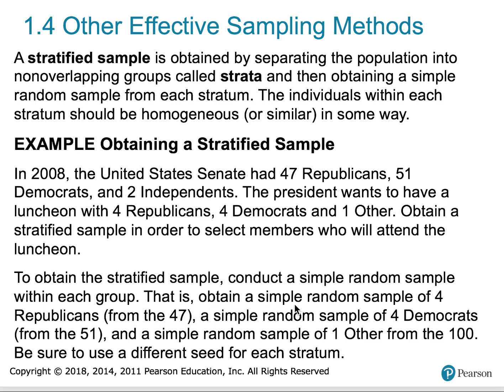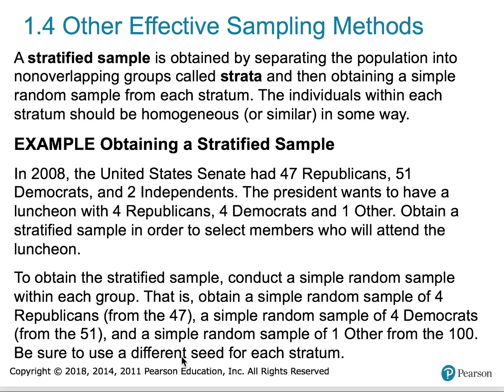That is, obtain a random sample of 4 Republicans from the 47, a simple random sample of 4 Democrats from the 51, and a simple random sample of 1 other from the 100. Be sure to use a different seed for each stratum.